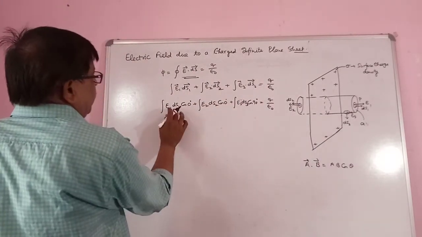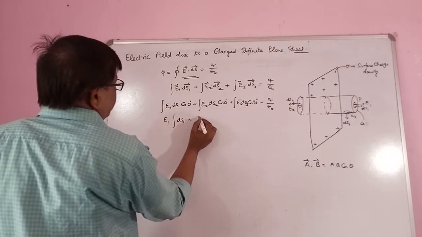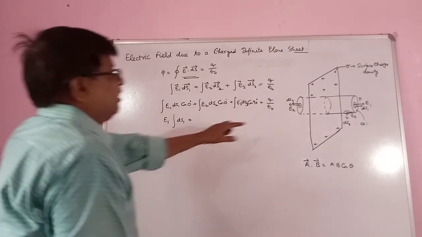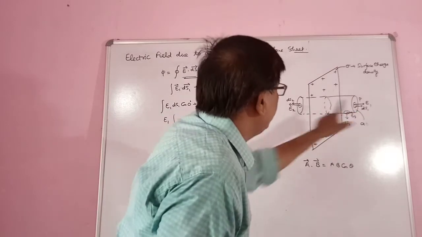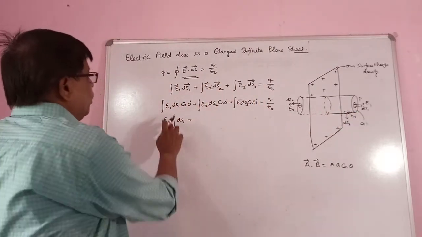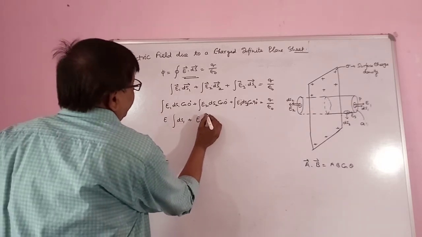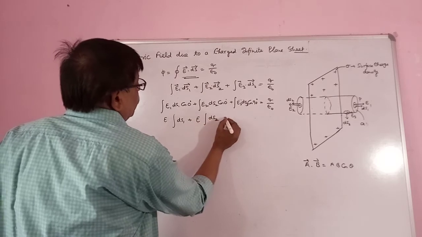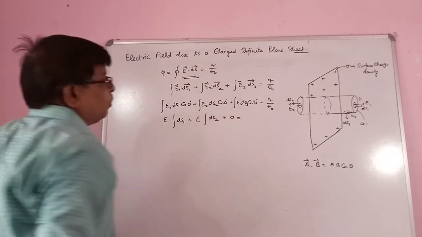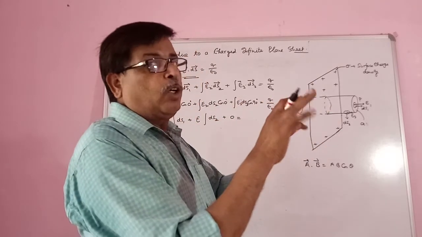So E1 integration of ds1 plus, now we have already discussed these two, E1 and E2 magnitude wise are the same quantity. So we take E ds1 and E ds2 plus 0 equal to, now charge inside Gaussian surface.